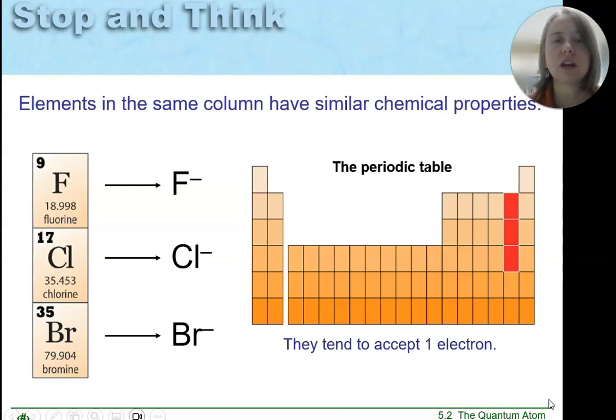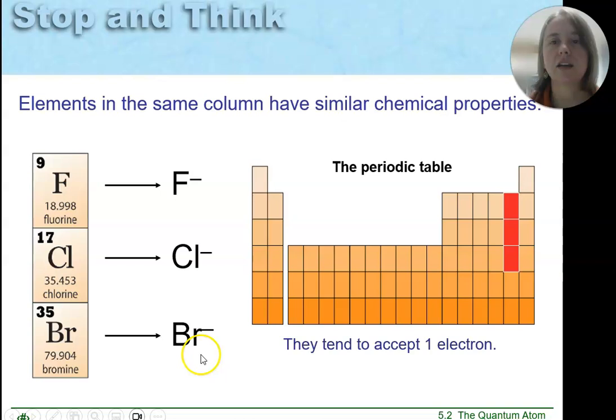Okay, let's go to another group, group 17, the halogens. So they're going to have 7 valence electrons, and all of these have similar properties, and they want to accept 1 electron because they have 7 valence electrons. They really want 1 more, so they take that electron. They've gotten 1 more electron, so they have a -1 charge.